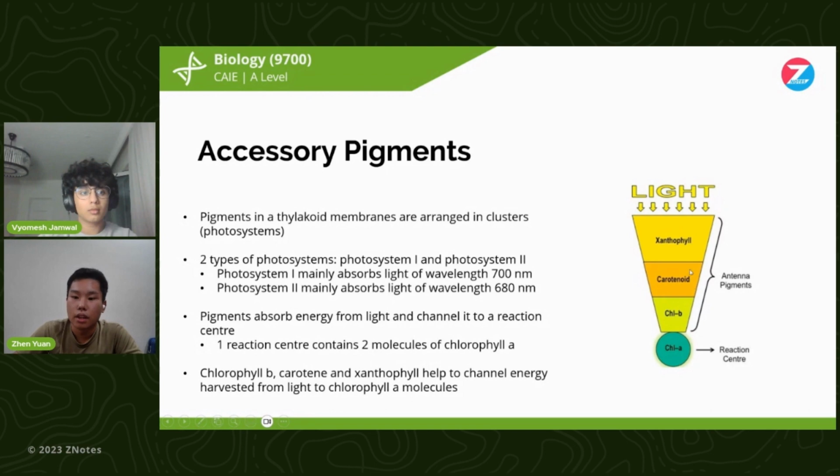Chlorophyll B is an accessory pigment. It absorbs light, whereas chlorophyll A receives the energy that was absorbed by chlorophyll B. So chlorophyll B transfers the light energy to chlorophyll A. Why is that? We'll take a look later.